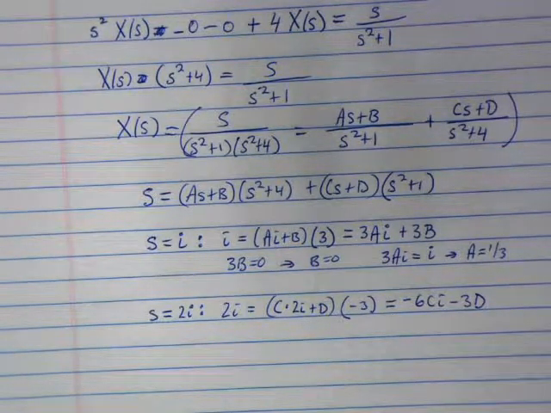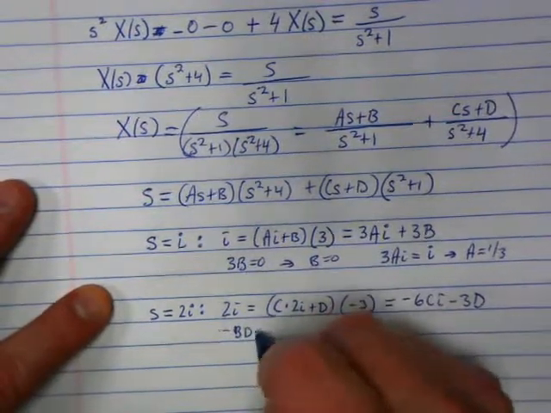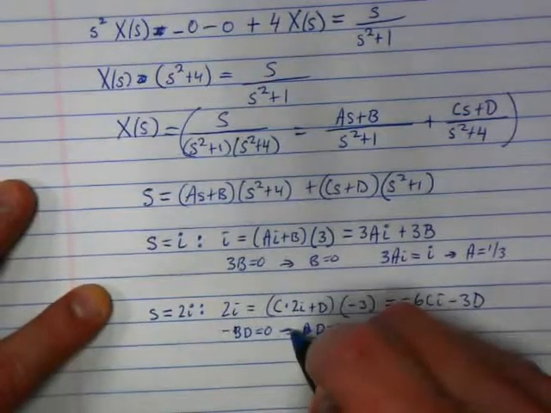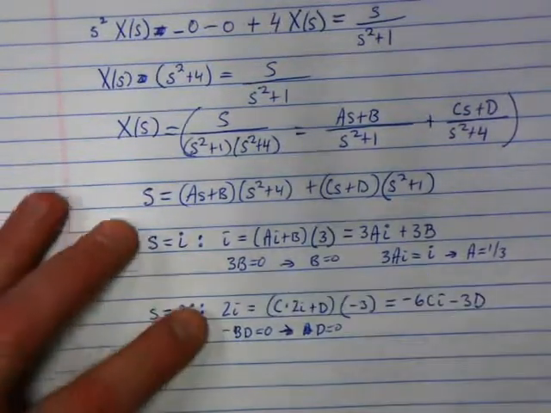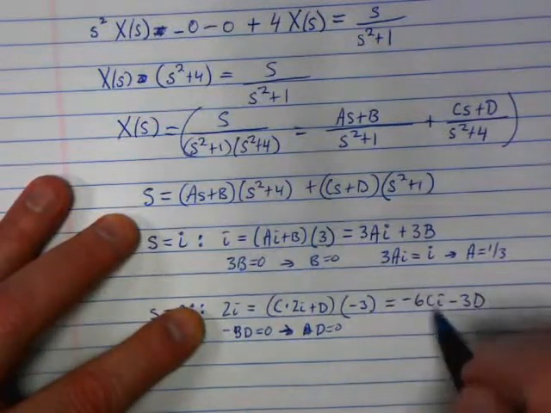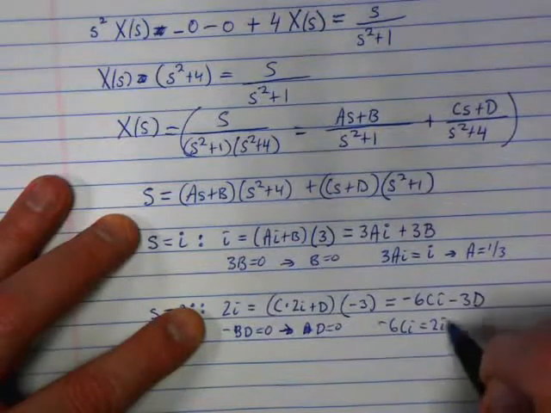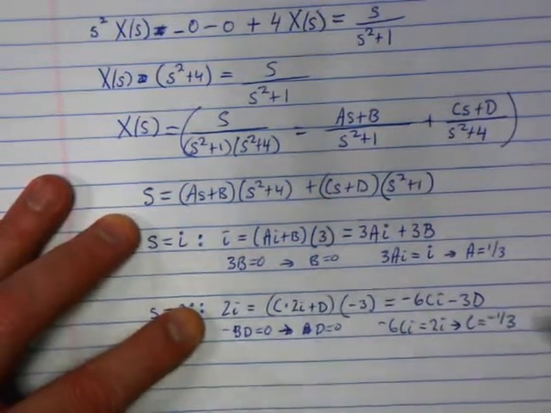And I do the exact same trick with equating the reals and the complexes. Minus 3D has to be 0, which means D is 0. And similarly, minus 6Ci has to equal 2i. So C is negative 1/3.